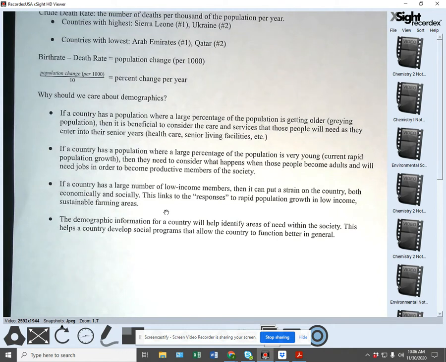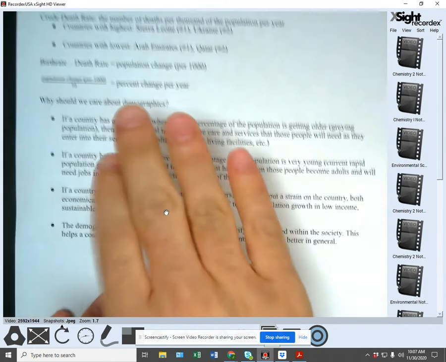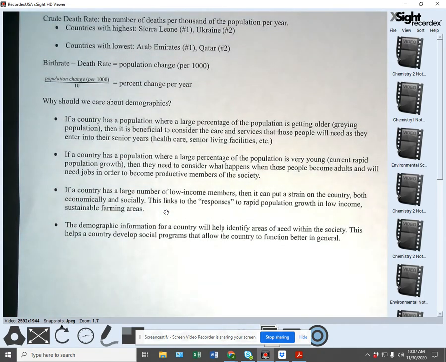So this is everything from welfare programs to food stamp programs to social security programs to retirement programs and 401k plans, pension plans, to healthcare. All of this stuff is really determined off of your population needs, and so demographics plays a large part of this. Okay, all right.